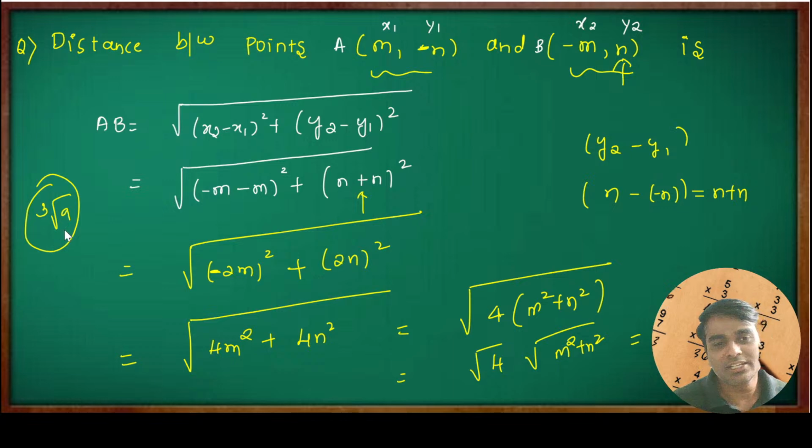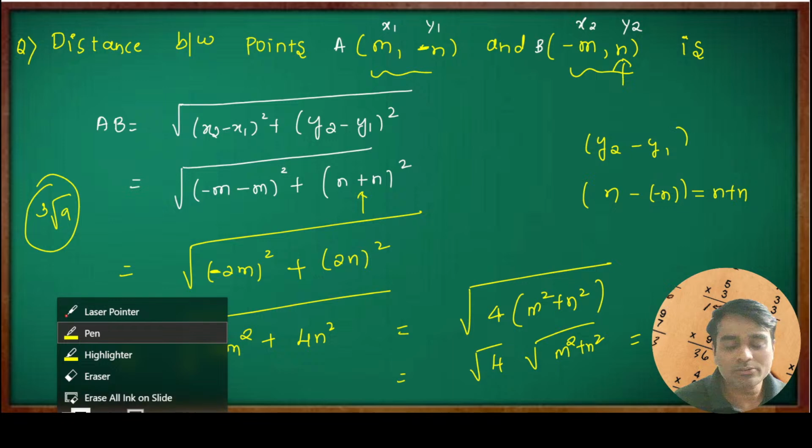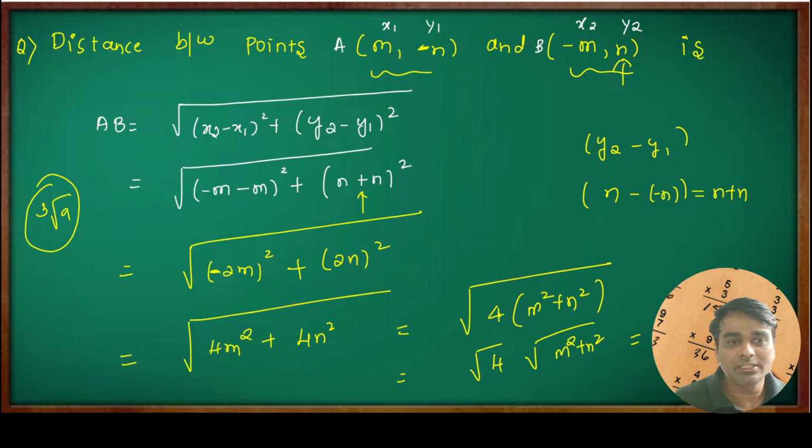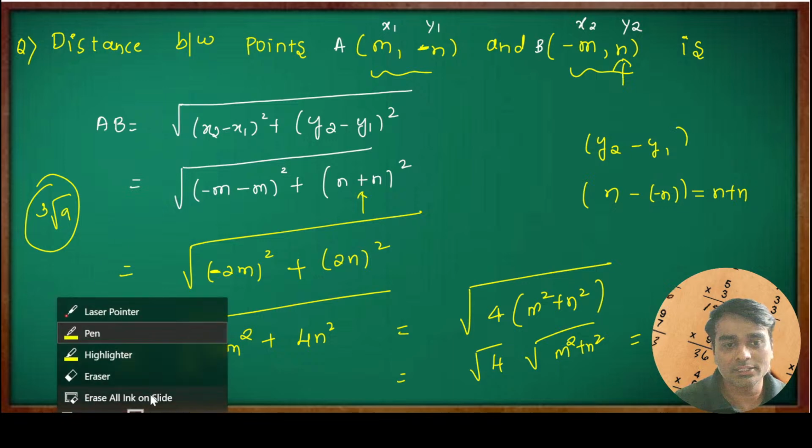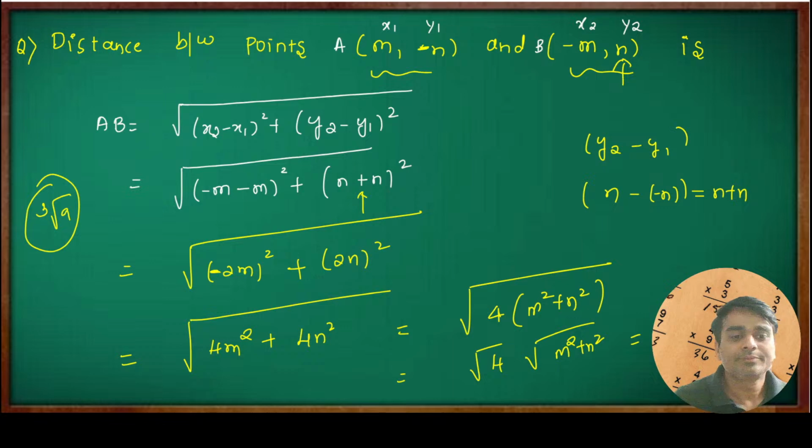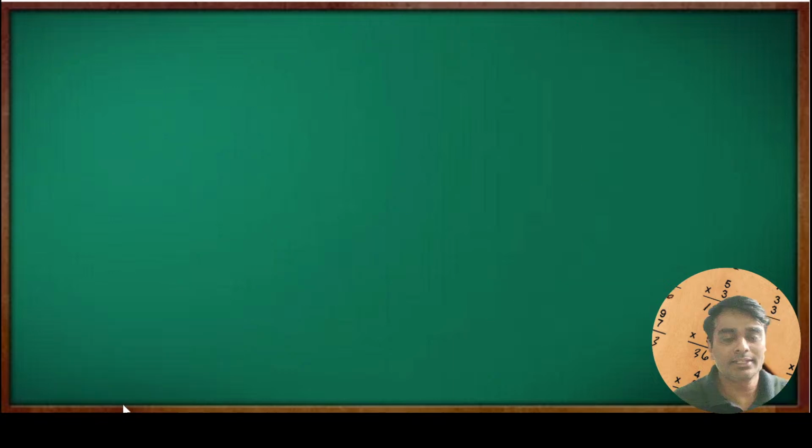If you get something like this, just leave it, don't worry, you will get marks. So this question was easy again, but it was a very good question. Hope you understood, right? Yes, we'll go to the next. Let's take the next one.